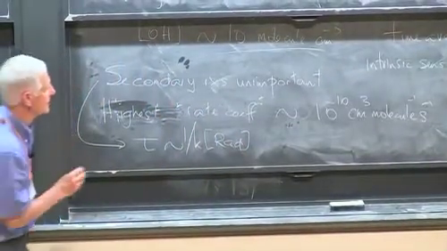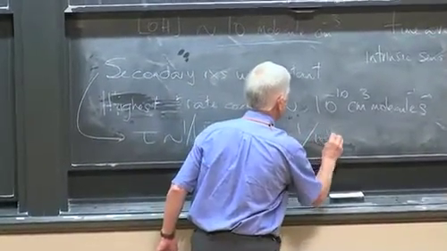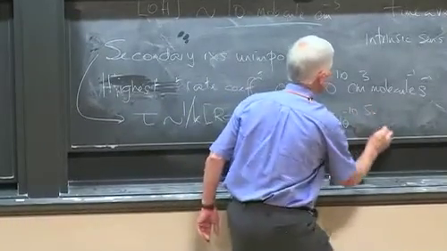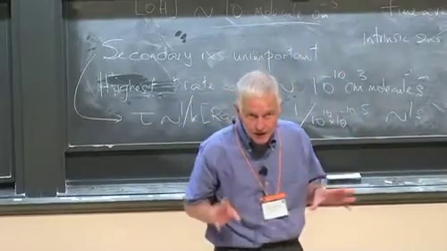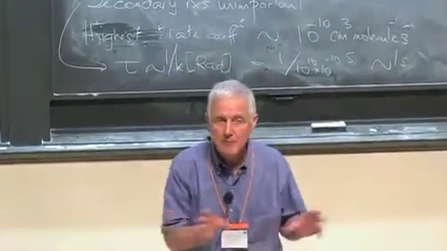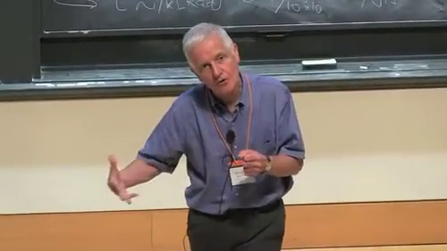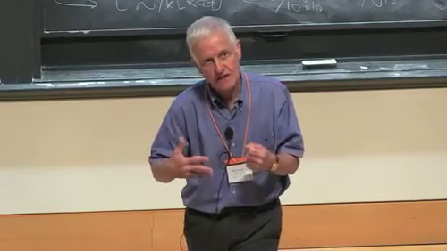So the timescales for these reactions are going to be of the order of 1 over 10 to the 10 times 10 to the minus 10 seconds. In other words, they're going to be of the order of a second. We're looking at the experiments on a timescale of about a millisecond, and so these secondary reactions are making a minimal contribution to the decay of the radical on the experimental timescale.